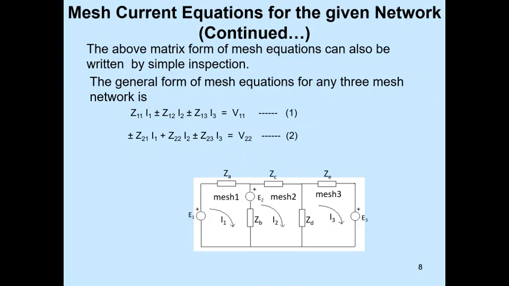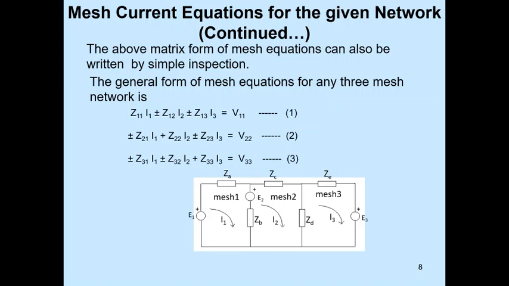Z21 is the transfer impedance from mesh 2 to mesh 1, Z22 is the impedance in mesh 2, Z23 is the transfer impedance from mesh 2 to mesh 3, and V2 is the voltage appearing in mesh 2. The third equation is Z31 I1 plus Z32 I2 plus Z33 I3 is equal to V3.